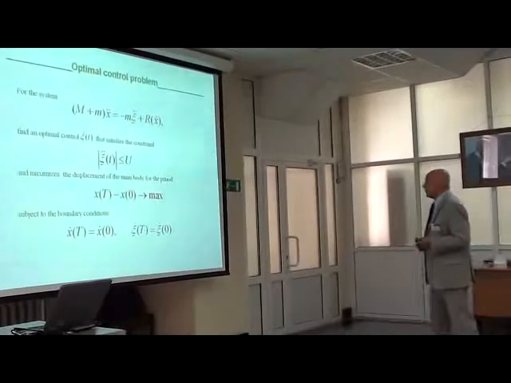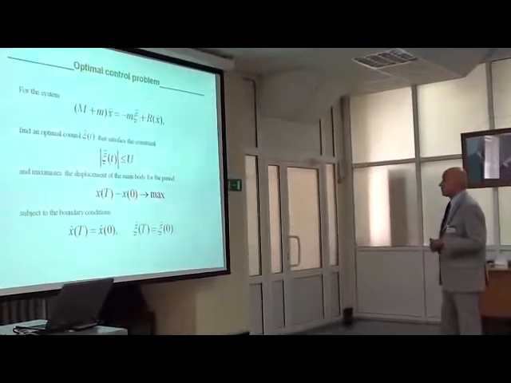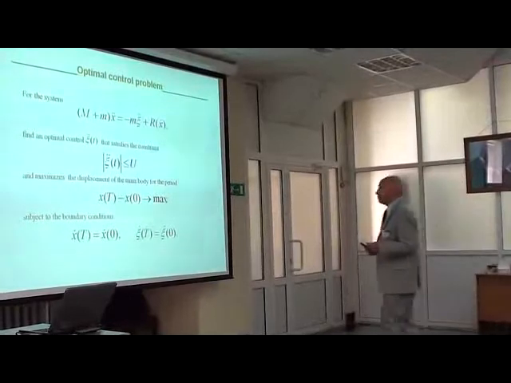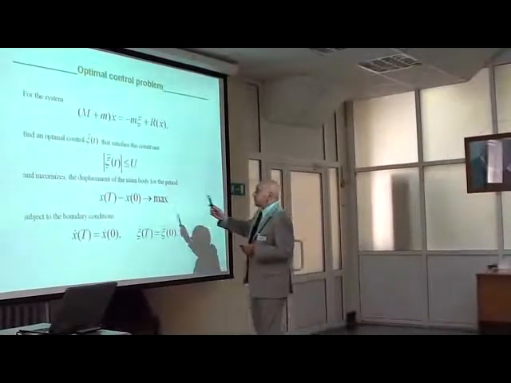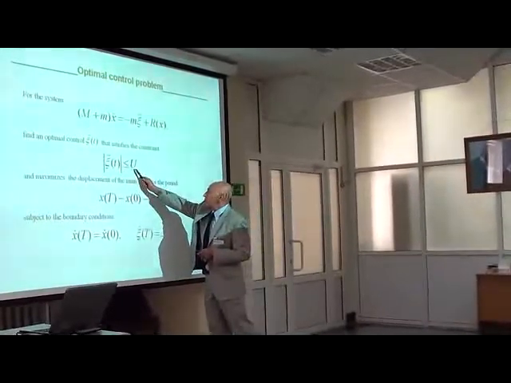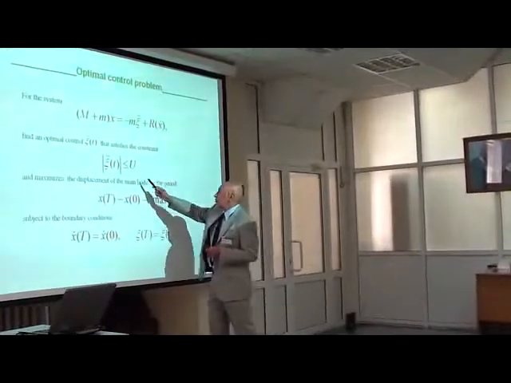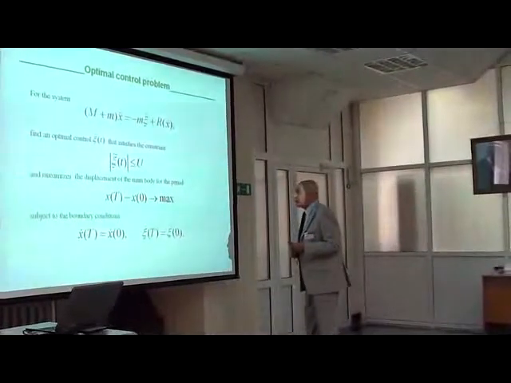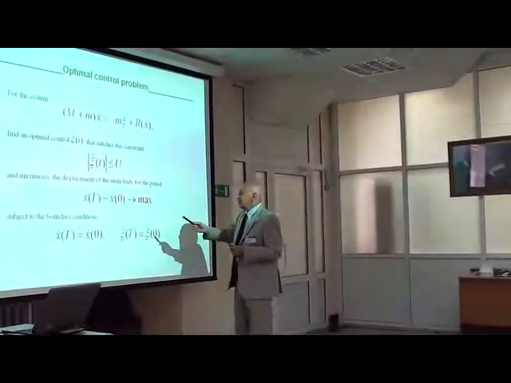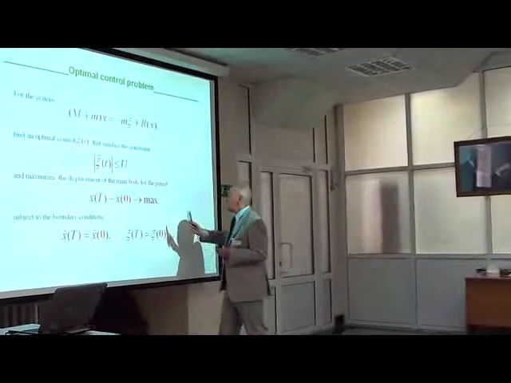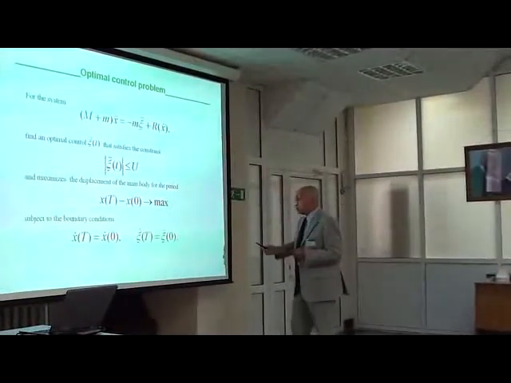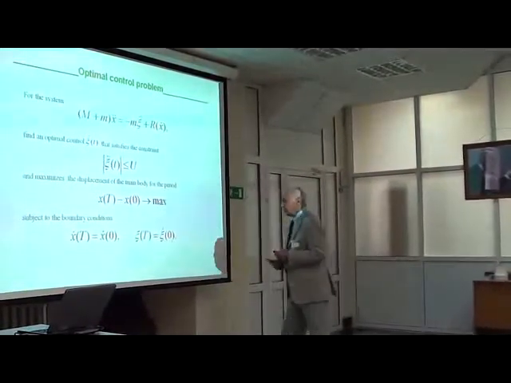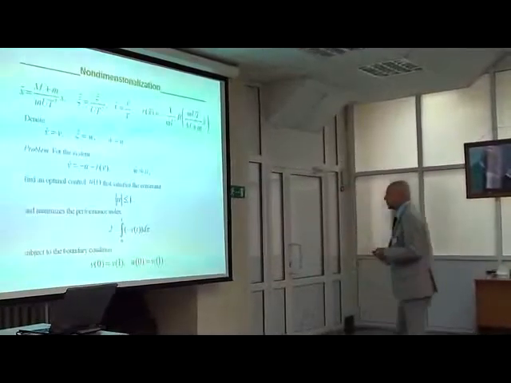Optimal control problem. Let us also state optimal control problem. For this system, we are to find the optimal control, the relative acceleration of the internal body bounded by absolute value that maximizes the displacement of the main body over the period, subject to periodicity boundary conditions.